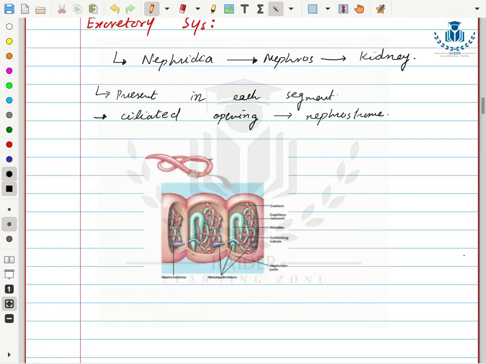You can see that here is a part of a segmented worm. There is segmentation outside the body that is represented by these constrictions, and internally there are septa separating each segment from the other. And you can see that the light green colored tubules are actually the excretory system of annelids, and it is present in each segment separately, having a ciliated opening, that is called nephrostome.